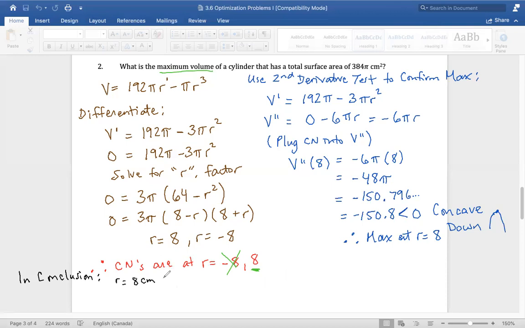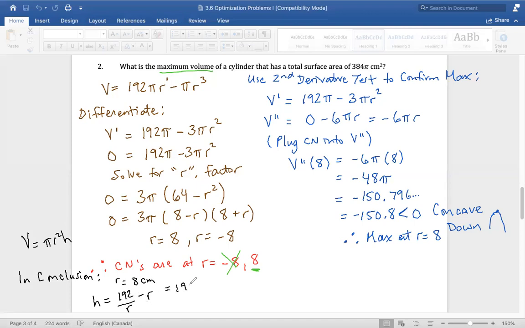To figure out the volume, my volume formula, again, is pi r squared h. So I've got that my R is 8, but I need to know what my height is then, right? I have a formula for height. It's not here, but my formula for height was, you remember, 192 divided by r minus r. So I can use that and solve for what my height would be.